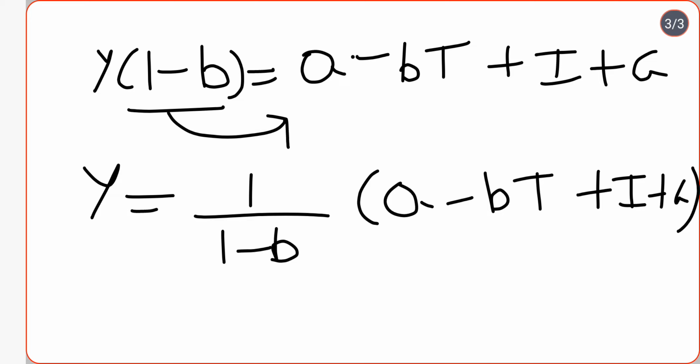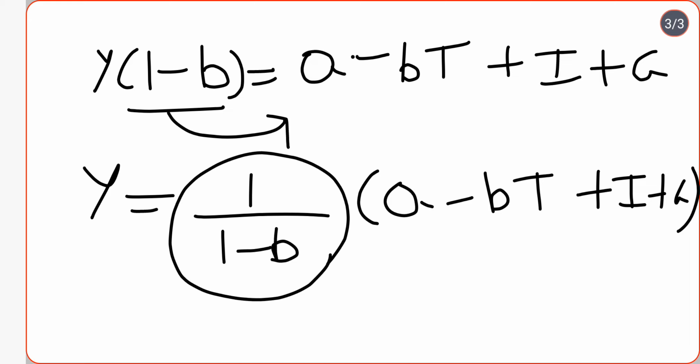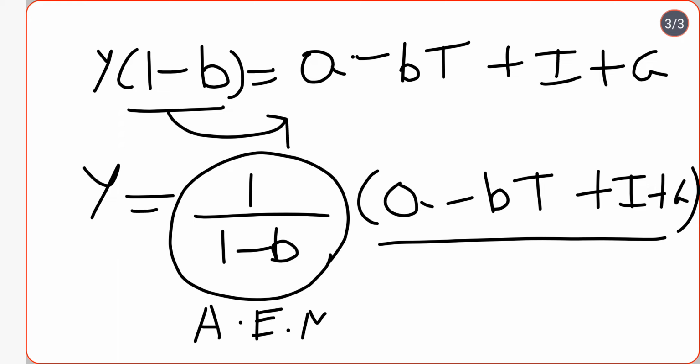So this is basically the autonomous expenditure multiplier. This 1 by 1 minus B is the autonomous expenditure multiplier, and this part is known as autonomous expenditure.